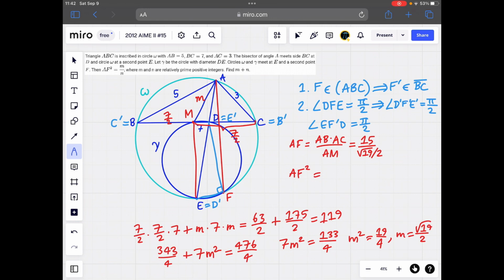And so AF squared, which is what we want to find, is 15 squared over 19 over 4, which is little m squared. And that's equal to 15 squared times 4 over 19, which is 225 times 4 over 19. And that's equal to 900 over 19, which can be written as m over n, where m and n are relatively prime positive integers. In this case, m is 900 and n is 19. So what is m plus n? It's just 900 plus 19, and that's equal to 919.